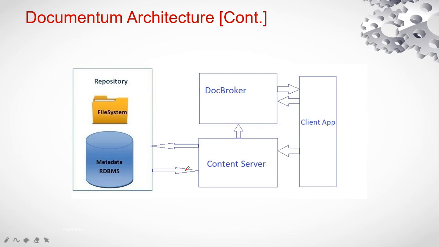If it wants to push a document to the repository, or read some documents from the repository, it will send the request to the content server, the content server will process that request, and finally the content server will send the response to the client application.